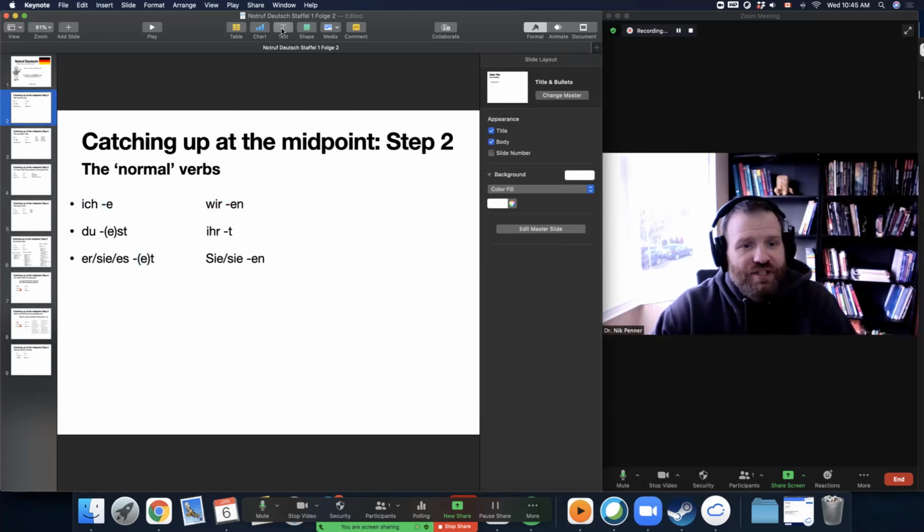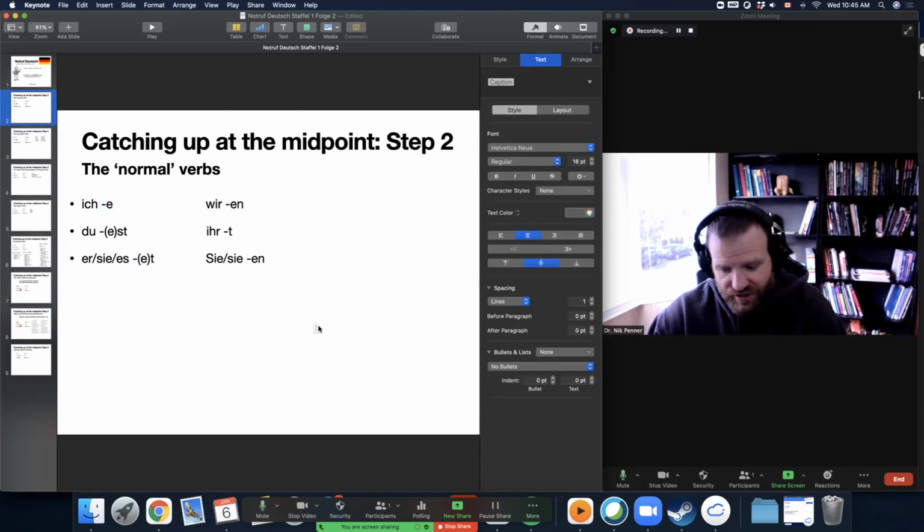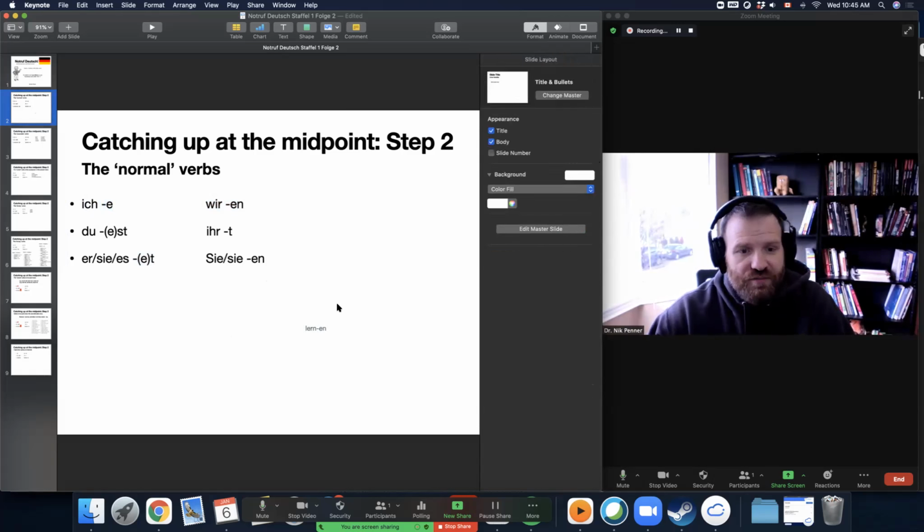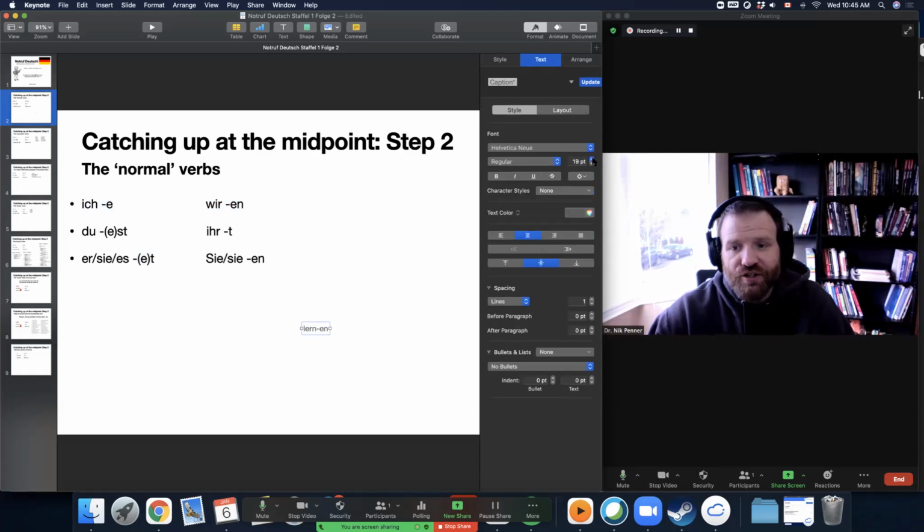So if we take a normal verb, such as, let's say, lernen, right? So en at the end simply means that it's an infinitive, that it means to learn. In English, you say to learn, but in German, lernen. By the way, we can still see that English verbs used to be just like the German verbs with the en at the end.